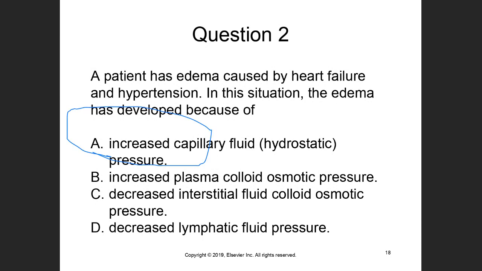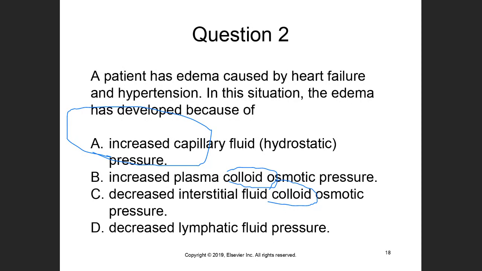Also, you have to know, listen, I already explained that colloid pressure is related to liver problems, okay, because you don't produce protein. That also is related to renal problems, okay, because sometimes when you have a renal problem, you eliminate a lot of protein, and then you decrease the amount of protein in your body.